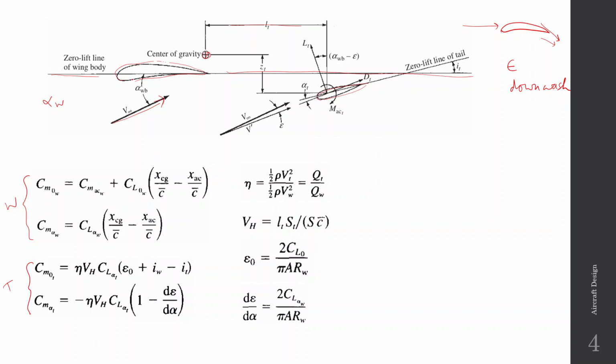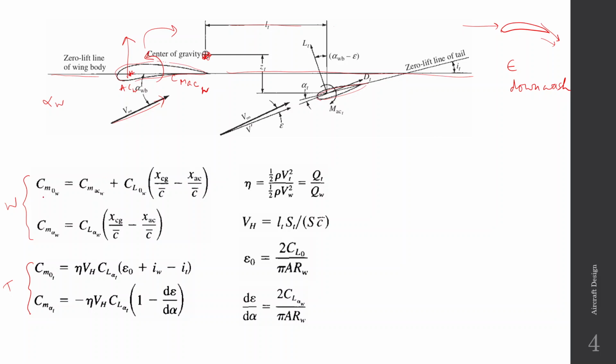For the wing, usually the AC, the aerodynamic center, is placed ahead of the CG. So here we have the CG, and let us say that this is the AC of the wing. The wing will cause some kind of natural moment, CMAC wing, like this, and other than this, the lift force of the wing will also cause a moment about the center of gravity.